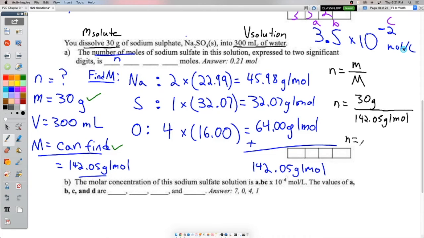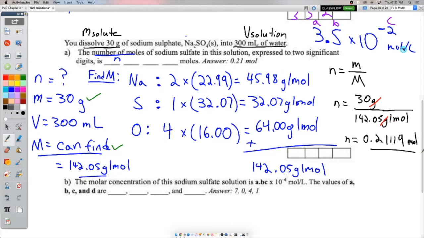And when you do that, I got, before rounding, 0.21119. That's probably enough. Let's check our units too. I've got grams over grams, so those cancel, and then that's 1 over moles. So 1 over moles, which is just moles, right? When you do 1 over, they get flipped.